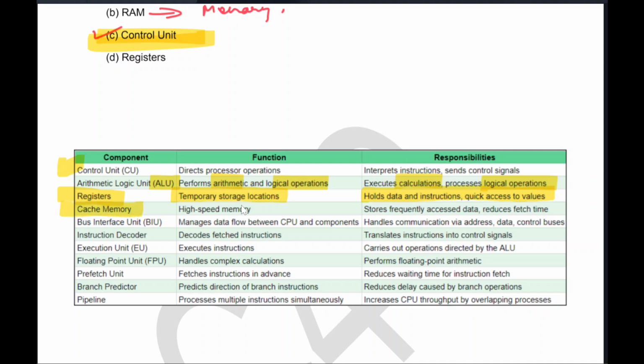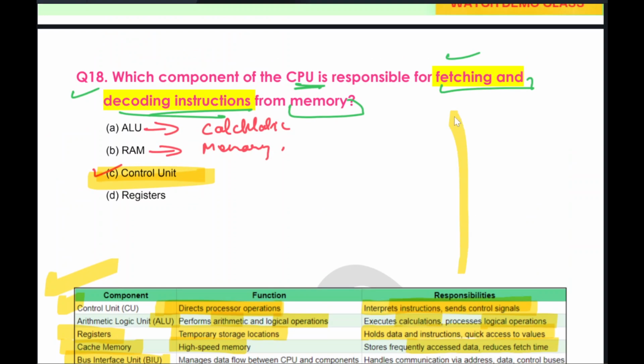Then we have cache memory, which is high speed memory for frequently accessed data, reducing fetch times. Then we have branch predictor, pipeline, floating point unit, execution unit, and bus interface unit, BIU. These are all the functions. What does the control unit do? It directs and processes operations, and it interprets instructions and sends control signals. So this is what it does.